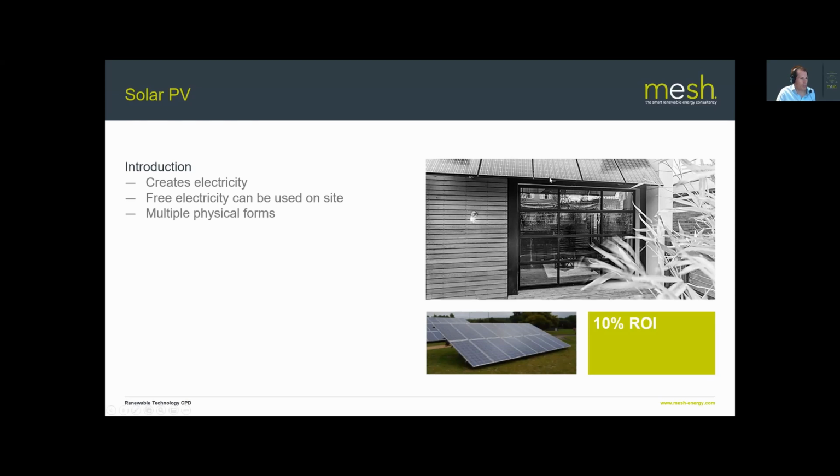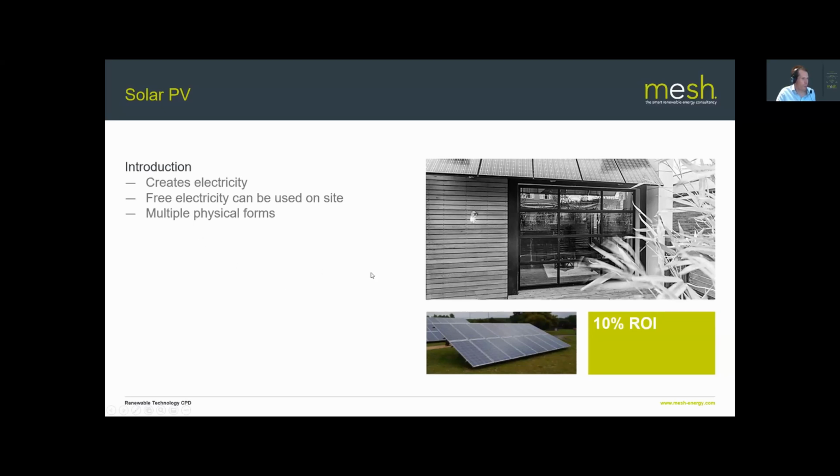What comes off the solar panels is DC. As you may know, our plugs in our houses are all AC. So between the solar panel and your plugs, you have to have a little box called an inverter, and that turns the DC electricity produced by the solar panels into the AC electricity that you can use.